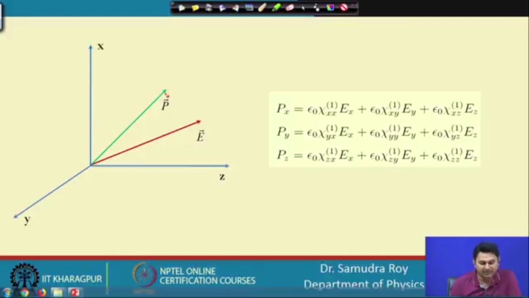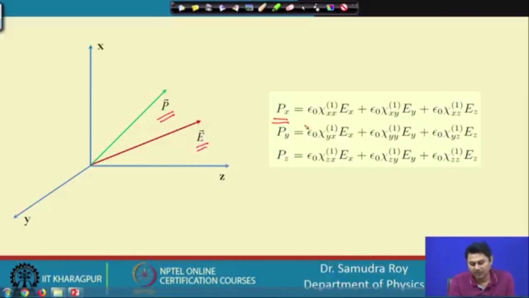If that is the case, then if I divide these things component wise, the x component of this P is generated because of the x, y, z components of E. So, the x component of P is generated due to the application of the electric field, but the electric field x, y and z components are all involved.